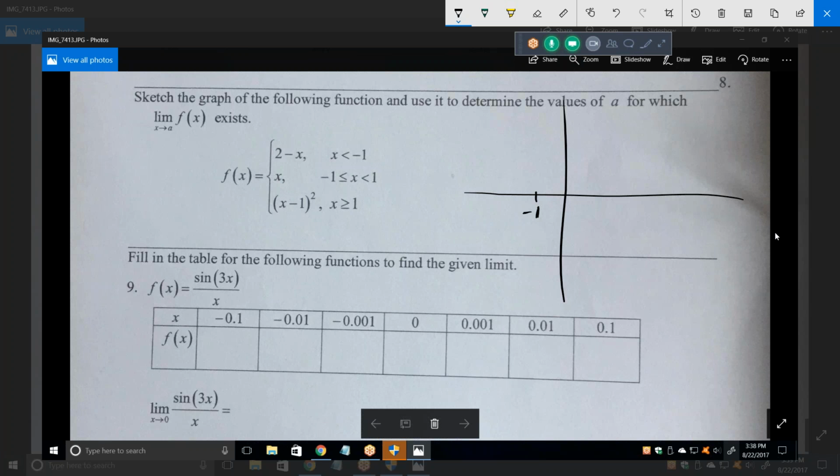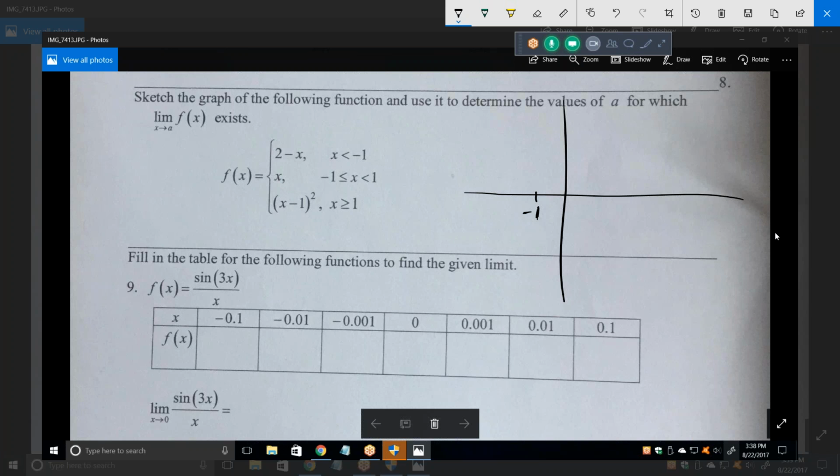Okay? What's 2 minus x look like? Is it linear? Is it a straight line? Yeah, it's linear. What's its slope?